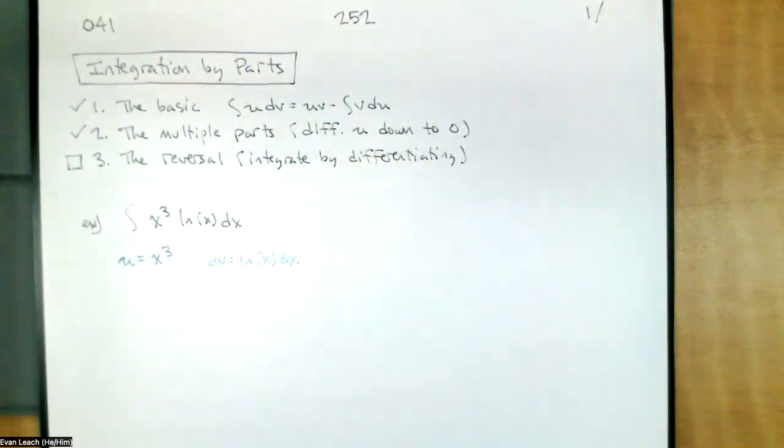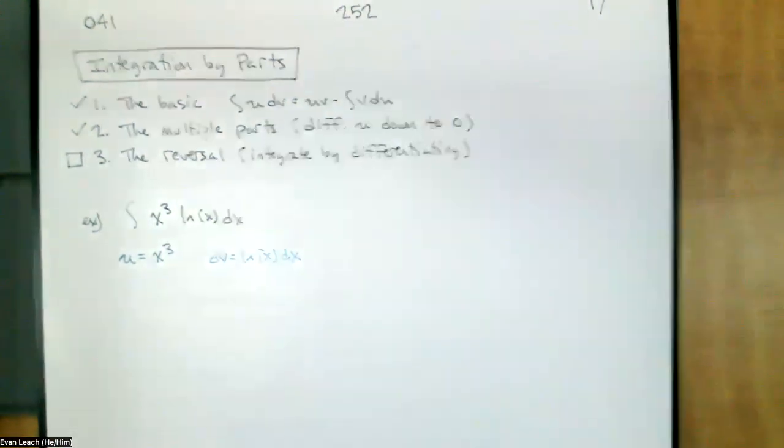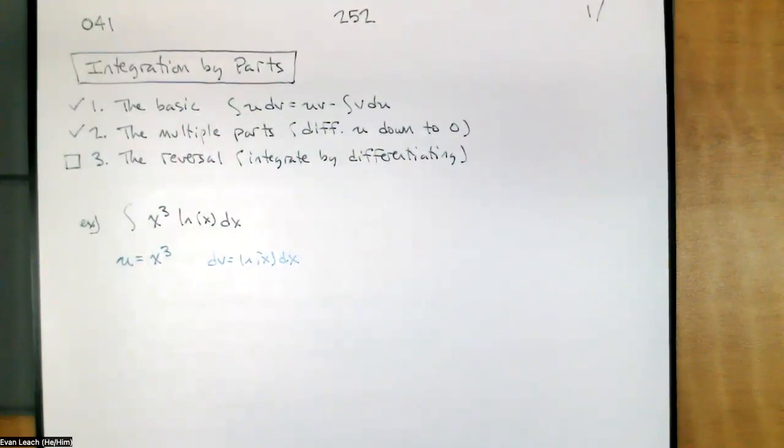And we immediately run into a problem because we do not know the antiderivative of natural log of x. We don't know that the integral of natural log of x is x ln x minus x.